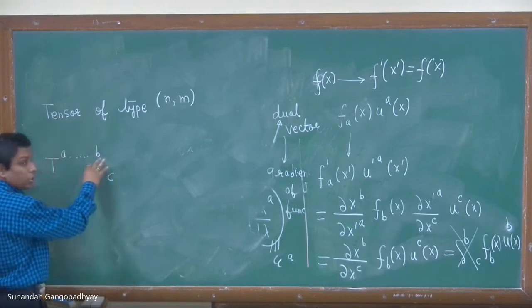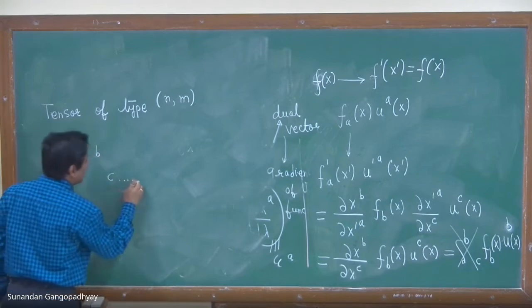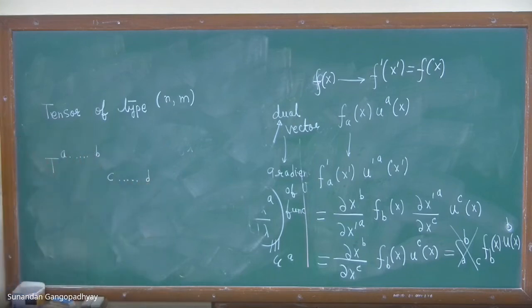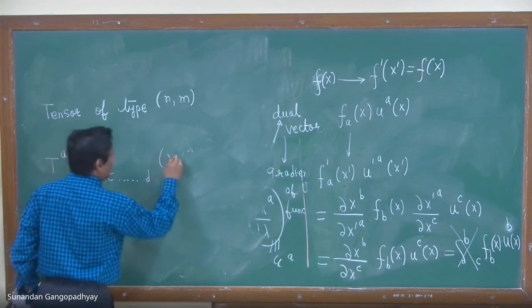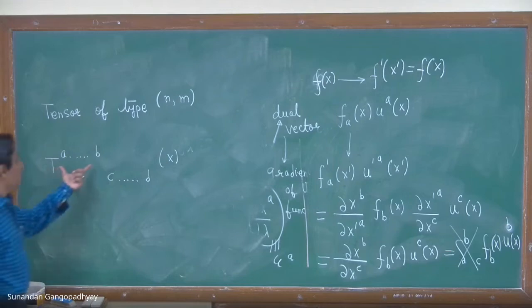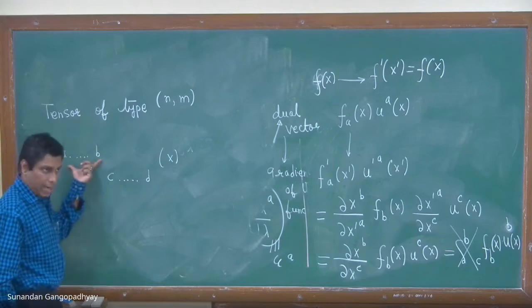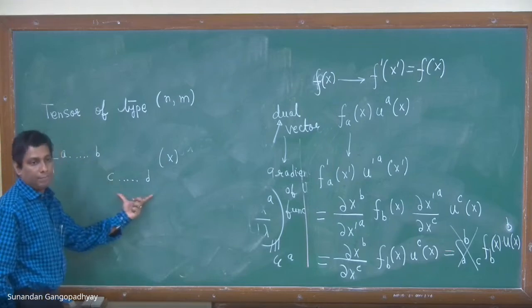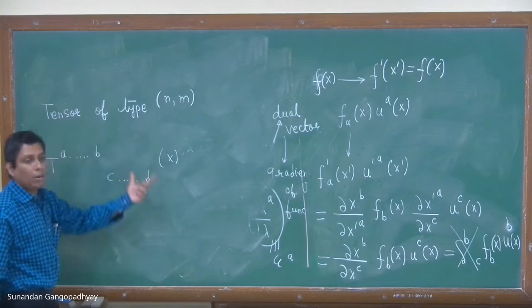These are called contravariant indices, and there are indices downstairs. These are covariant indices. Okay. So this object, I will call it a tensor of type n, m. First of all, n and m basically denote the number of indices: these on top are the n and these are the m. That is why n, m.